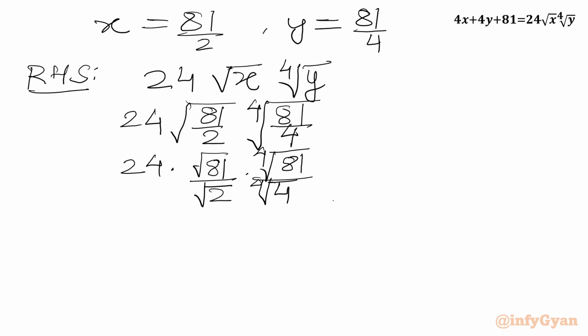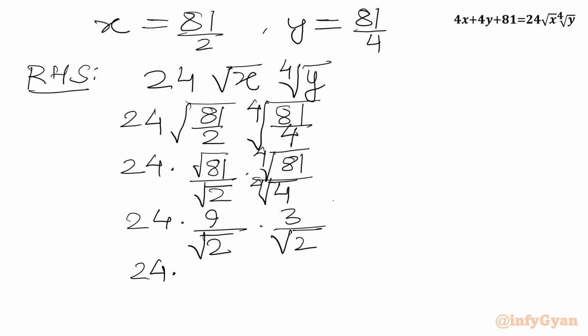Now square root 81 is 9. We will write 24 times 9 over square root 2, times 4th root of 81 is 3. 4th root of 4 is square root 2. So we will write 24 times 9 times 3 over root 2 times root 2, which is 2.